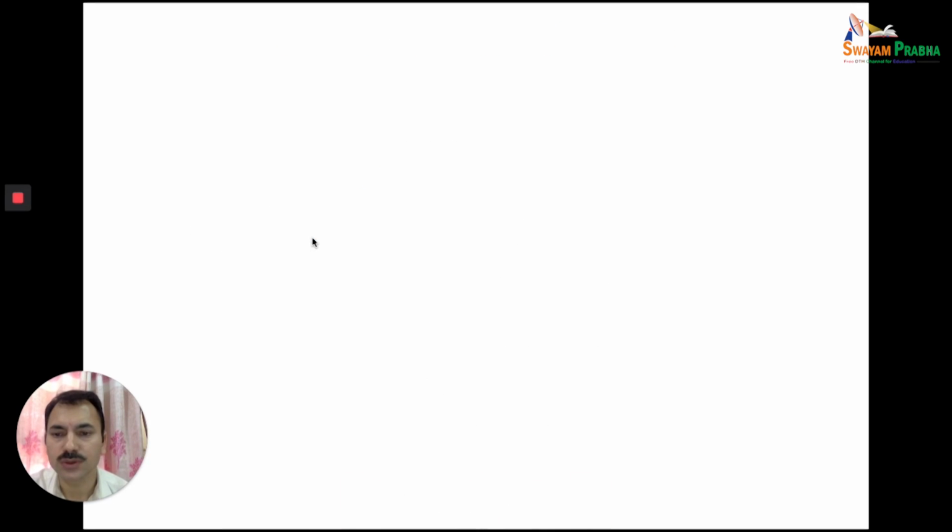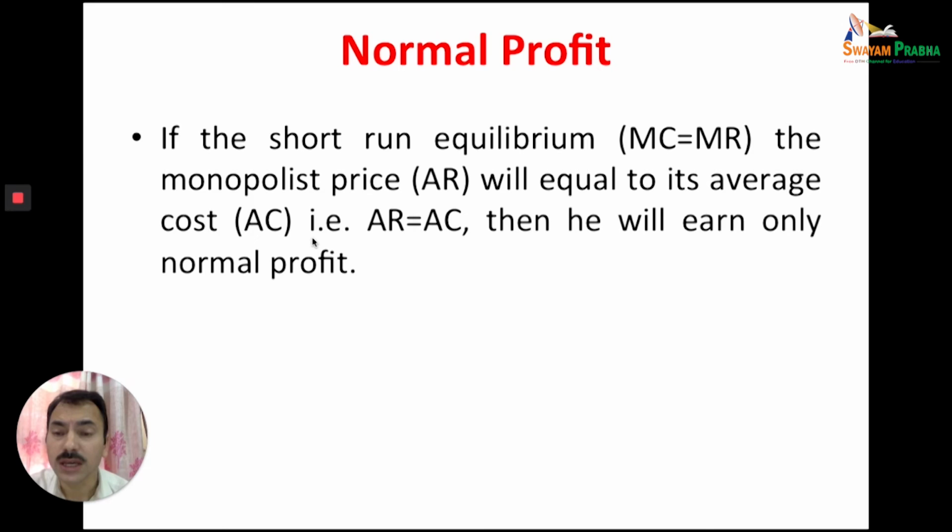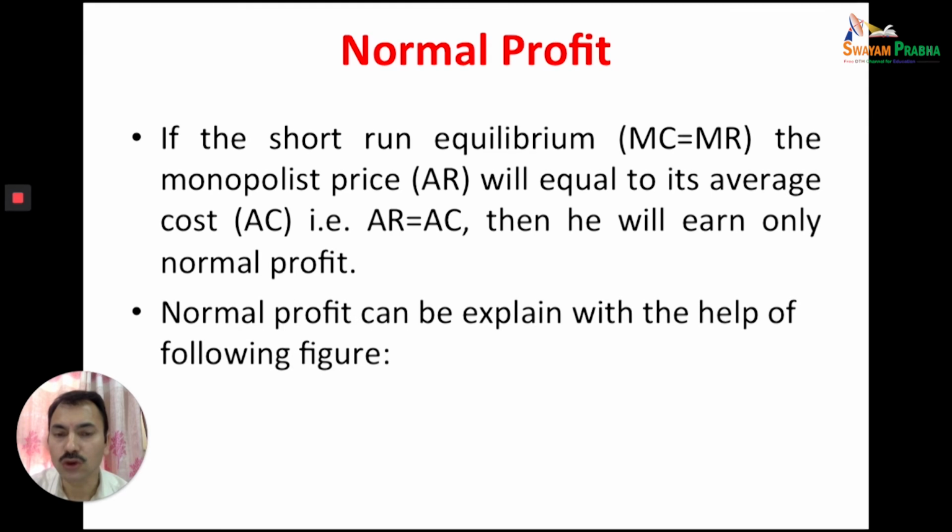In the short run the monopolist may also earn only normal profit. At short run equilibrium, MC is equal to MR, and if the monopolist's price, AR, equals its average cost, he will earn only normal profit. Normal profit can be explained with the help of the following diagram.